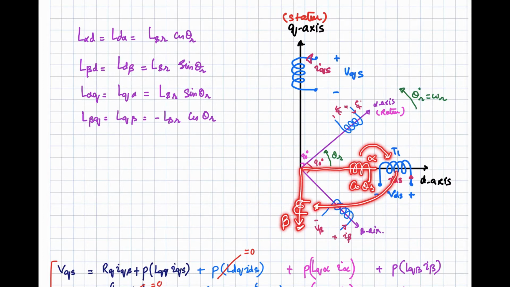That is 0, because both are orthogonal at this point, perpendicular to each other. So this flux will be a sinusoidal function, and that's why the inductance will be sinusoidal. When theta r is 0, cos of theta r is maximum, and sine of theta r is 0.